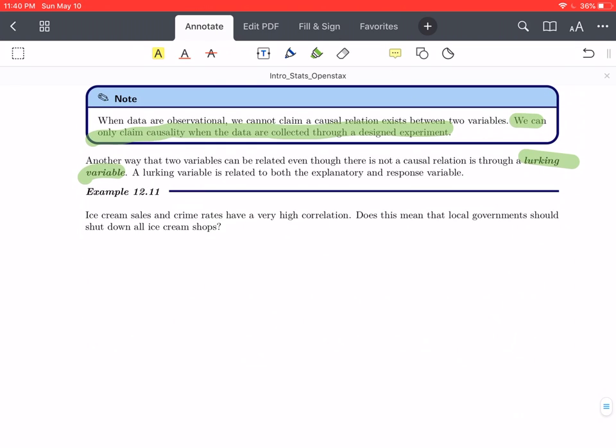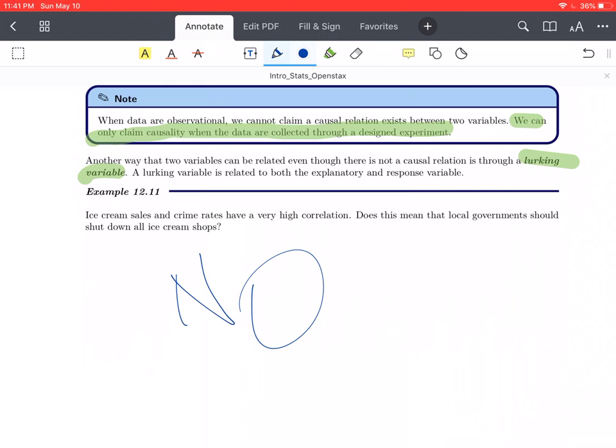So here's one more example. It's kind of an interesting one. Ice cream sales and crime rates actually have a very high correlation. Does this mean that local governments should shut down all ice cream shops? Hopefully you can tell me right away the answer is no. They should not do that.